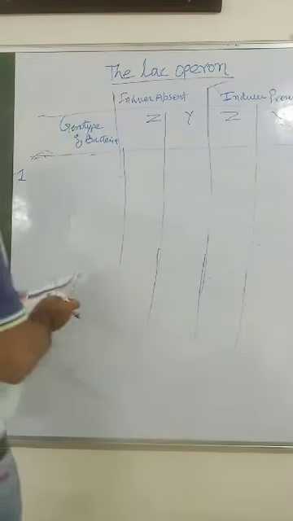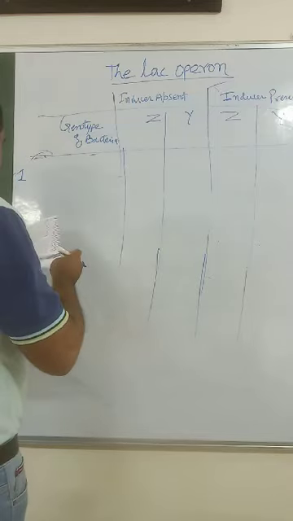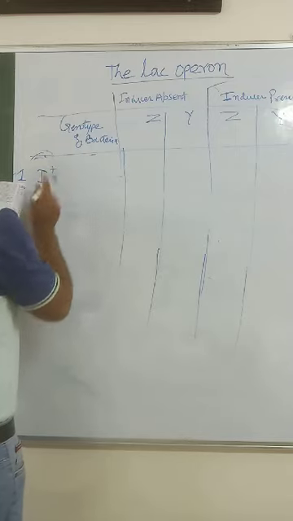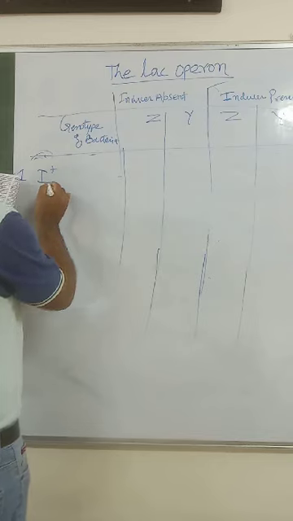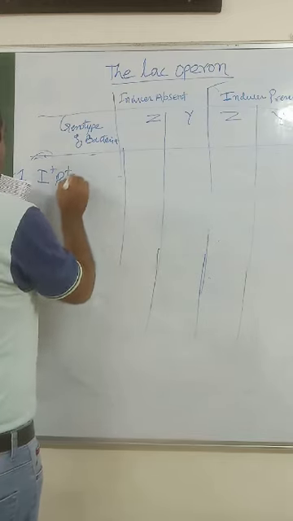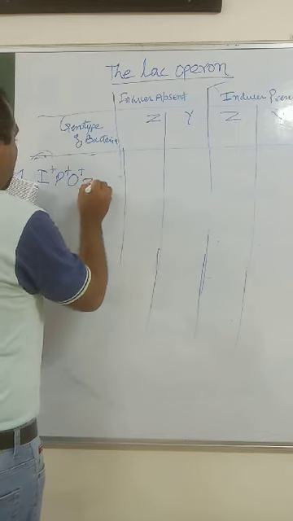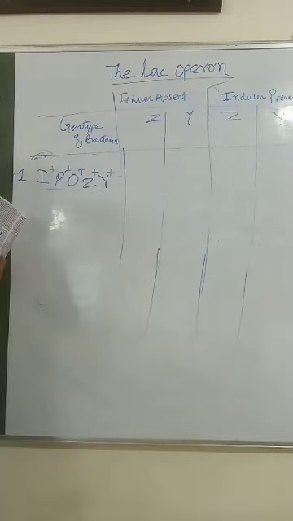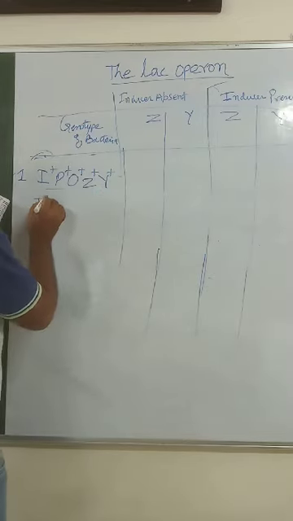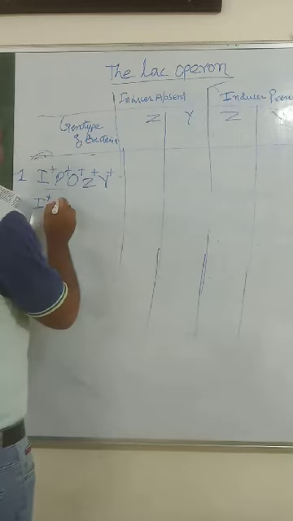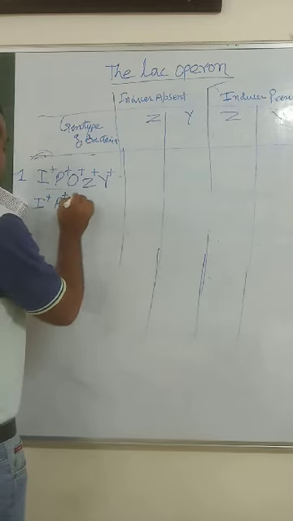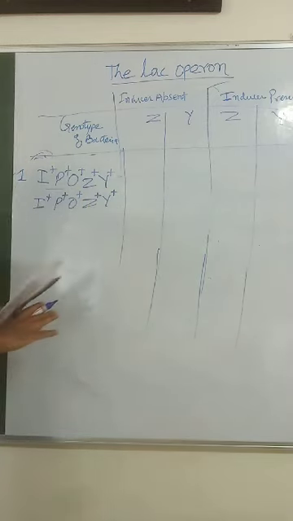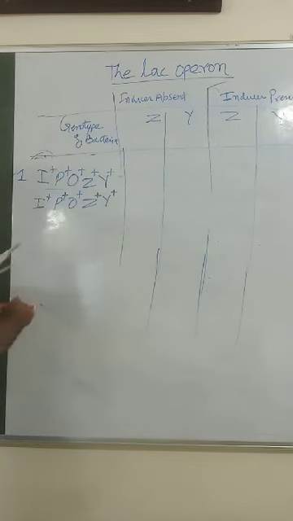So what if this bacteria has one copy with a normal regulator gene, normal promoter, normal operator, normal structural genes of both, and this is one copy of the lac gene, and another copy is represented here. Normal regulator gene, normal promoter, normal operator, and normal structural genes.